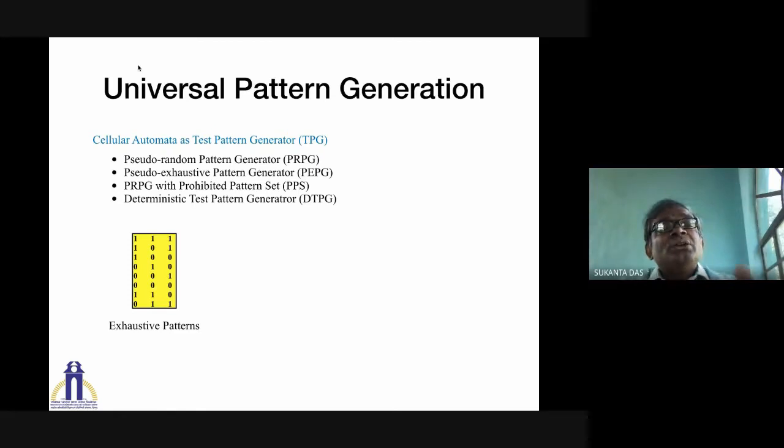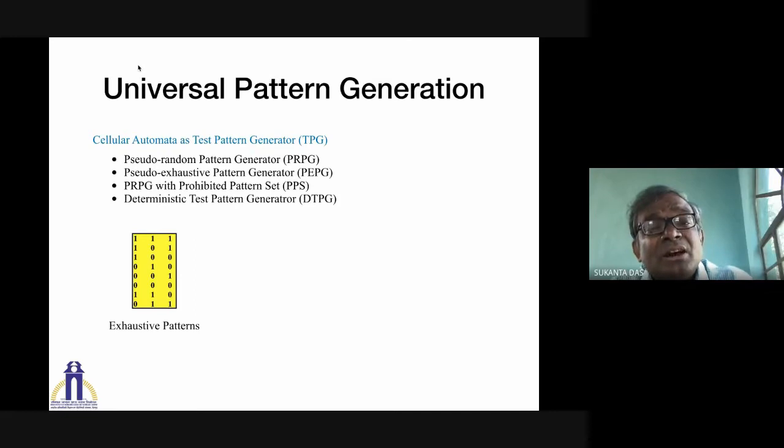Here you can see in this figure, it starts from 1 1 1. Then it's 1 0 1, 1 0 0, 0 1 0, 0 0 1, all 0. So you can see from all 0 to all 1, all the patterns are generated. So these are exhaustive patterns. Sometimes, as I've said, you need exhaustive patterns.